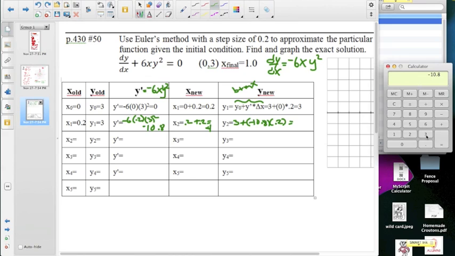So we have 3 plus negative 10.8 times 0.2, and we have 0.84.